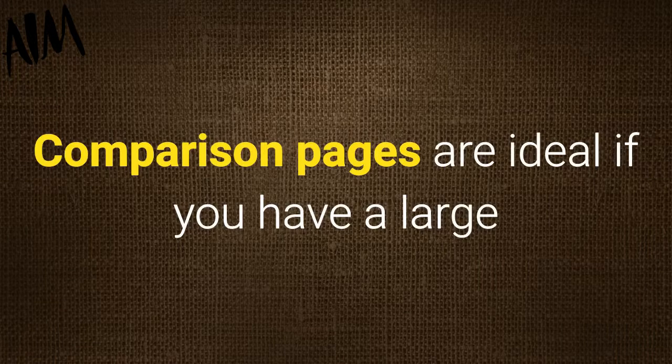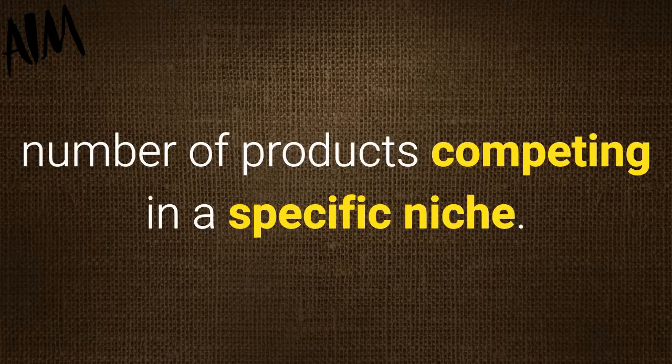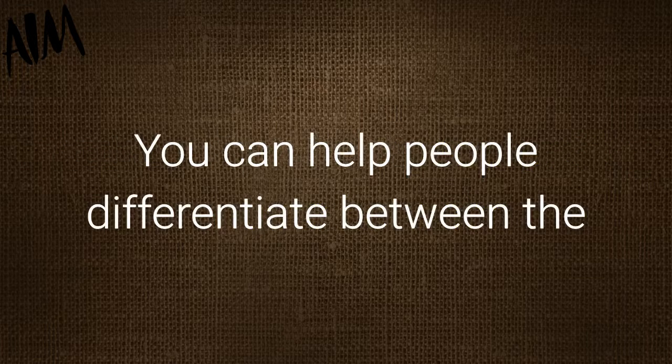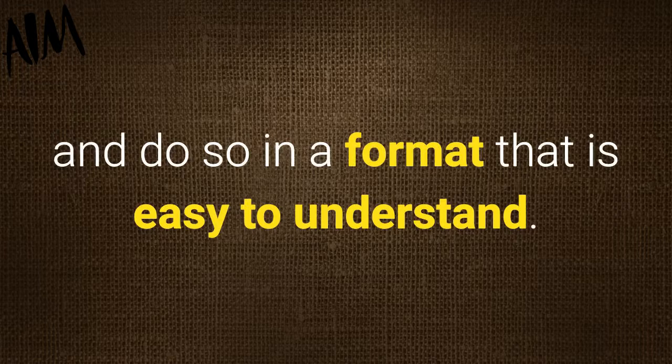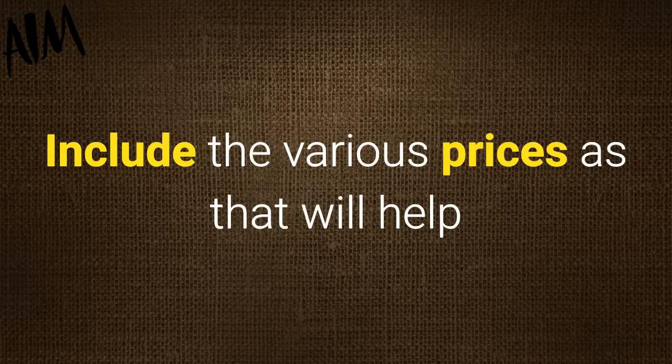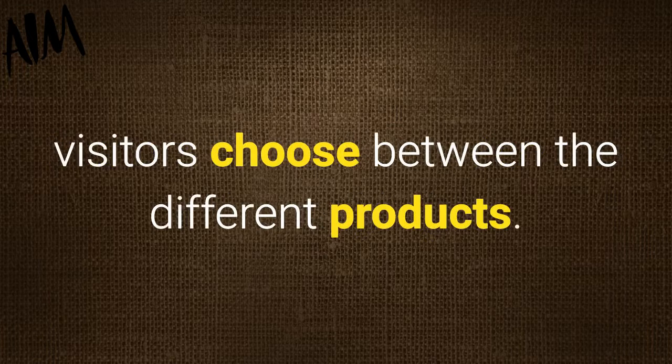Comparison pages are ideal if you have a large number of products competing in a specific niche. You can help people differentiate between the different products by presenting the benefits and features of each product, and do so in a format that is easy to understand. Include the various prices, as that will help visitors choose between the different products.